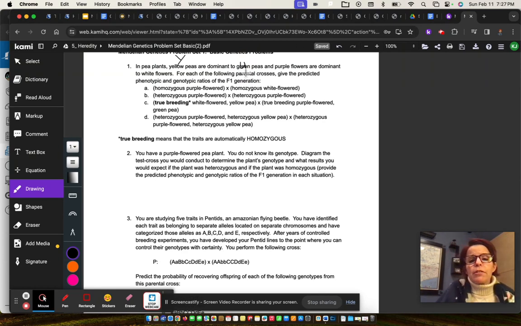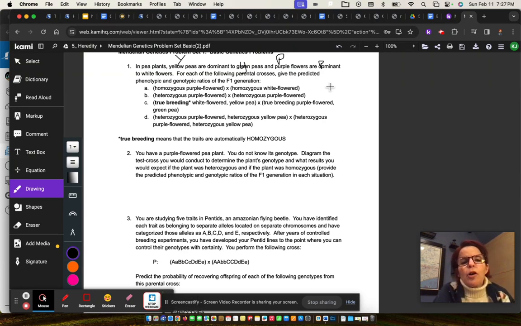And purple flowers are dominant to white. So we're going to use a capital P for purple. And this is tricky. Make sure that your lowercase p is really little in comparison to the other one. So white flowers will be a lowercase p, and purple flowers will be a capital P. All right, so let's read what it says.